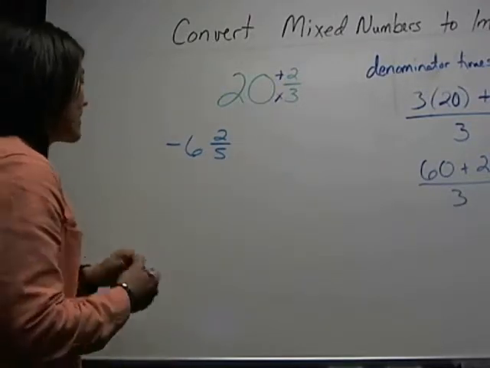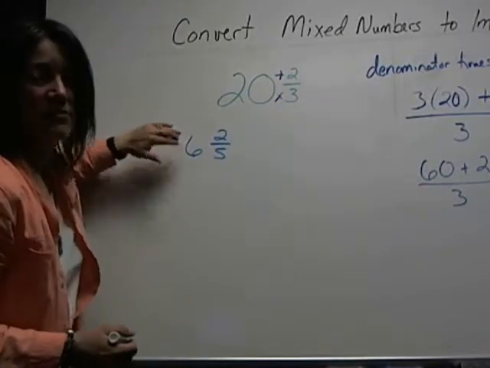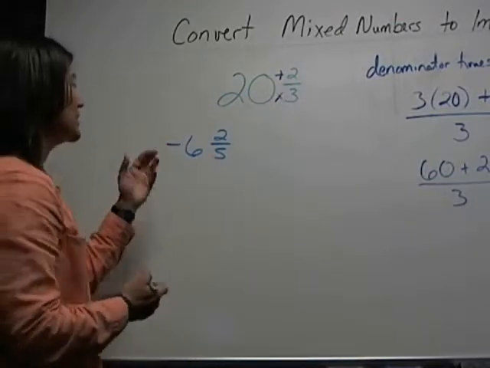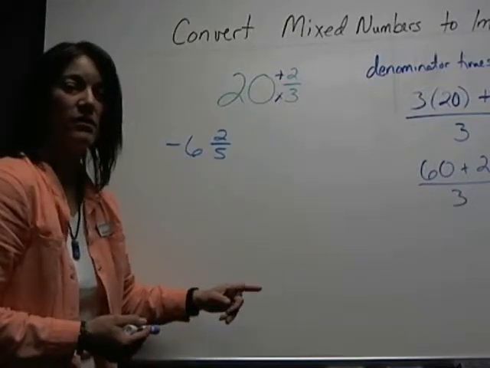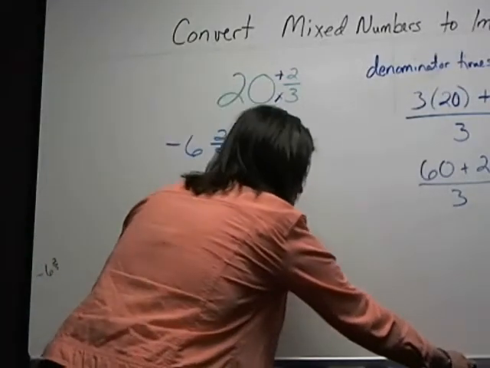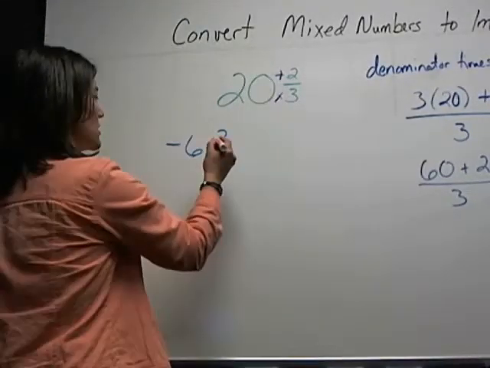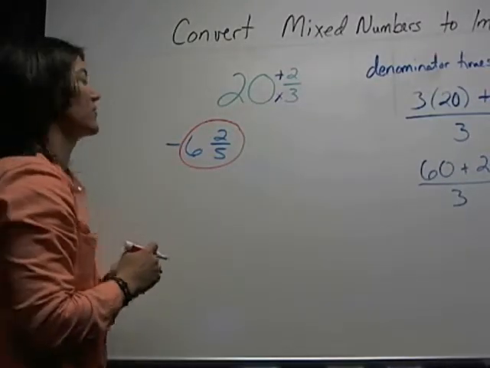But in order to do the conversion, we don't use the negative. Think of it as the opposite. I want to find out the opposite of 6 and 2/5. Converting that to an improper fraction, we only use the fraction part. The negative just comes along for the ride.